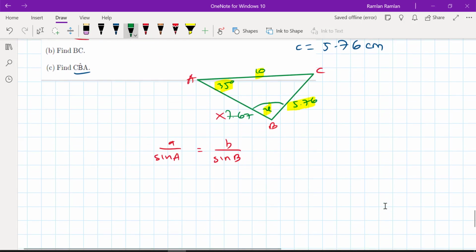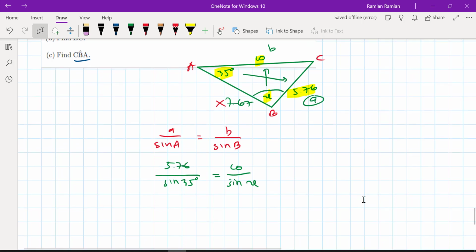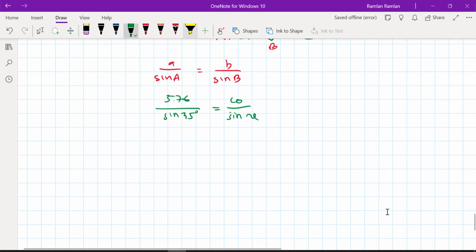This is side a and this is side b. So that'll be 5.76 over sine 35 degrees equals b, which is 10, over sine B, which is sine of x. That is what we want to know. Like the previous example, we want to know the value of x.